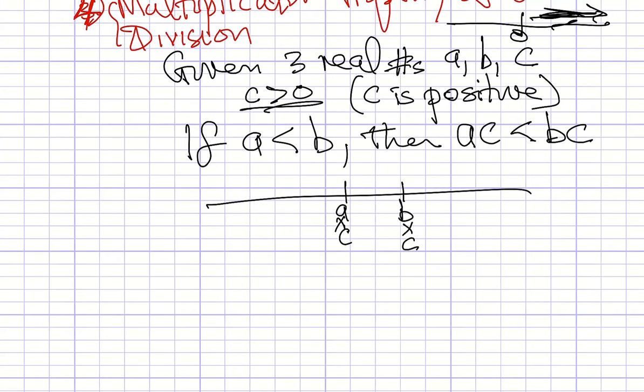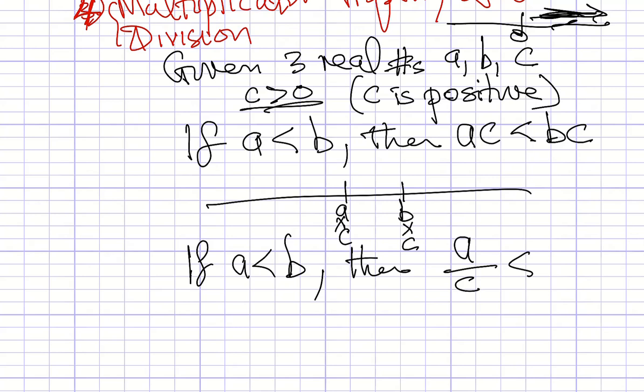It's not going to change the order. The same thing with division. If A is less than B, then as long as C is positive, A divided by C is less than B divided by C. You see that, right?